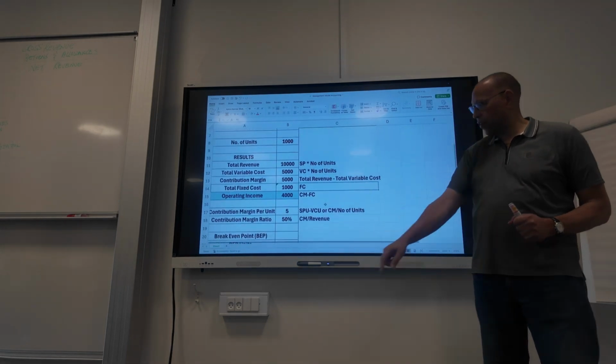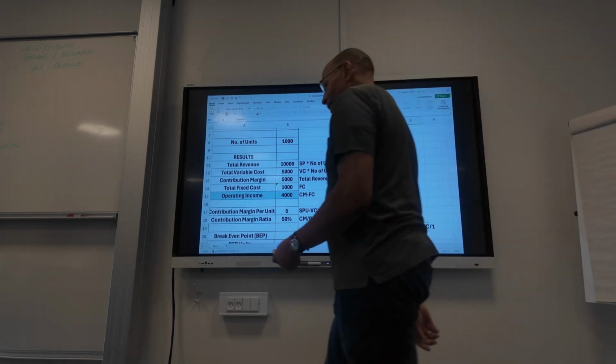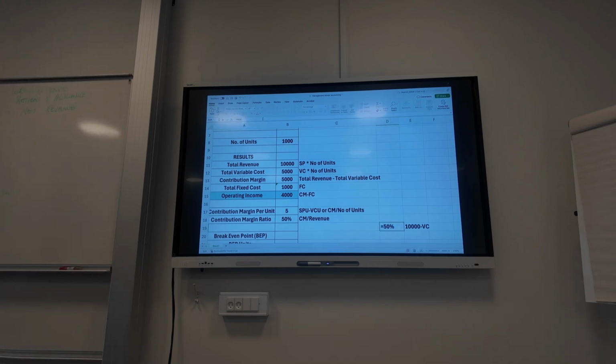If the contribution margin ratio is 50%, what percentage is total variable cost?